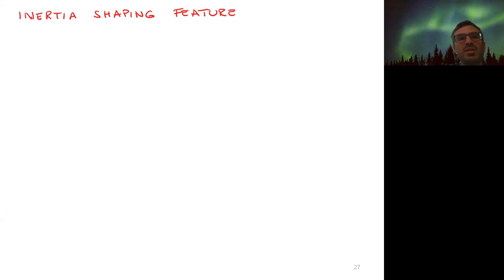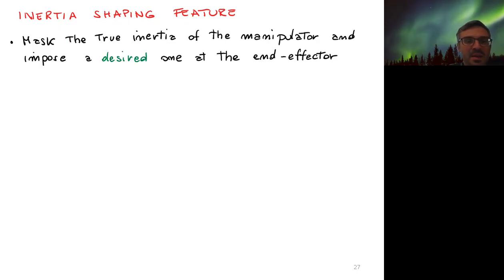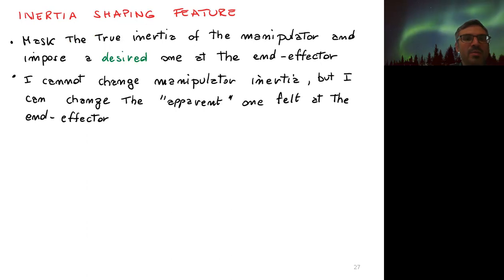The inertia is always the operational space inertia, which is the joint space inertia reflected at the end effector. While here we can shape the inertia, and we can, in essence, mask the true inertia of the manipulator, and as I said, impose a desired one at the end effector. So we are not really changing the manipulator inertia, but we change the apparent inertia, which is the inertia that is felt at the end effector.